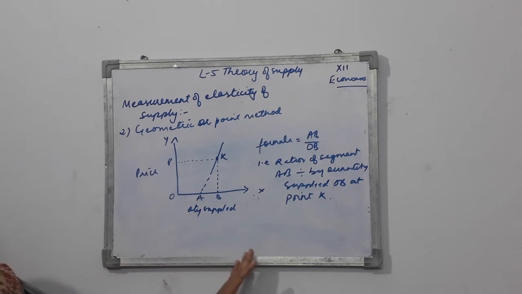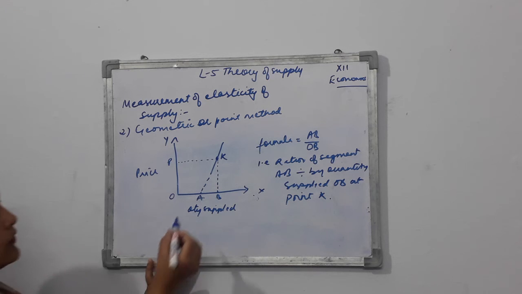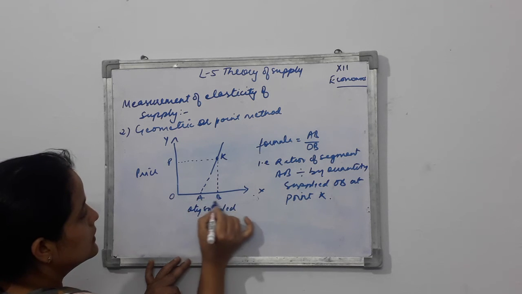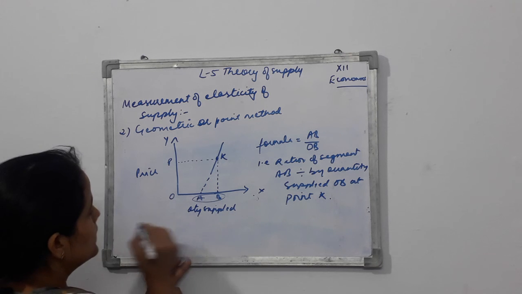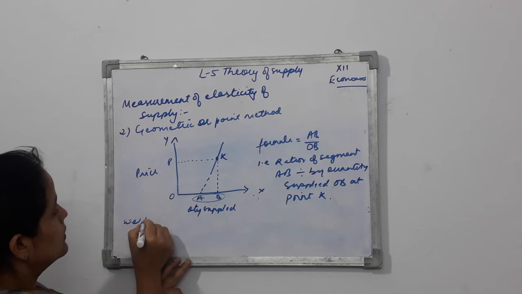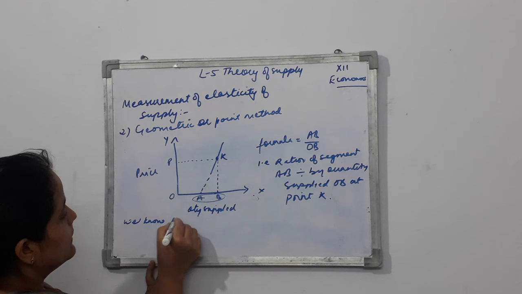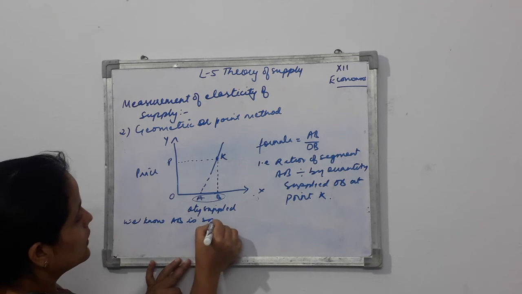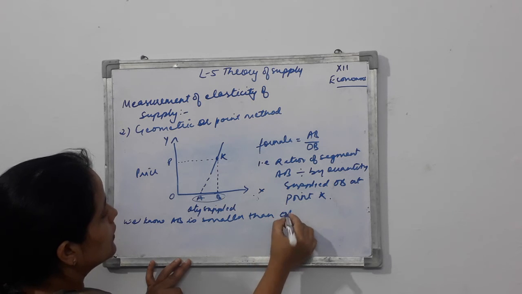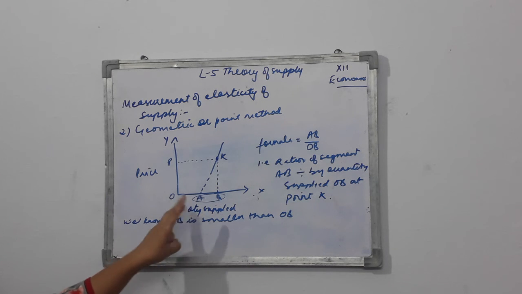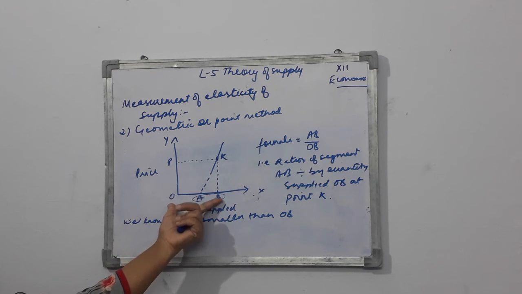Now it is clear that AB is smaller than OB. Now we know that AB is what? Smaller than OB. It's clearly visible that AB is smaller than OB.